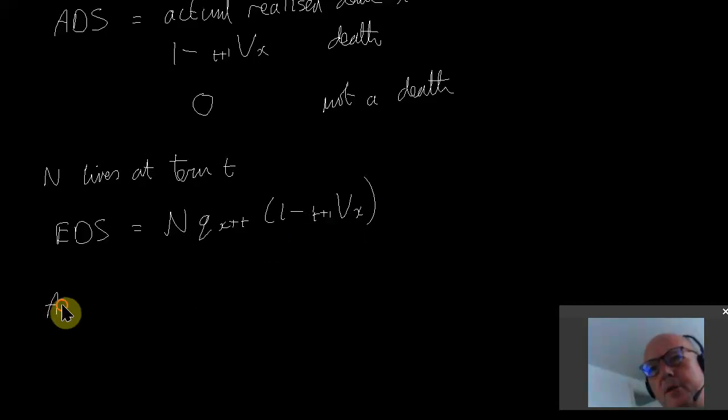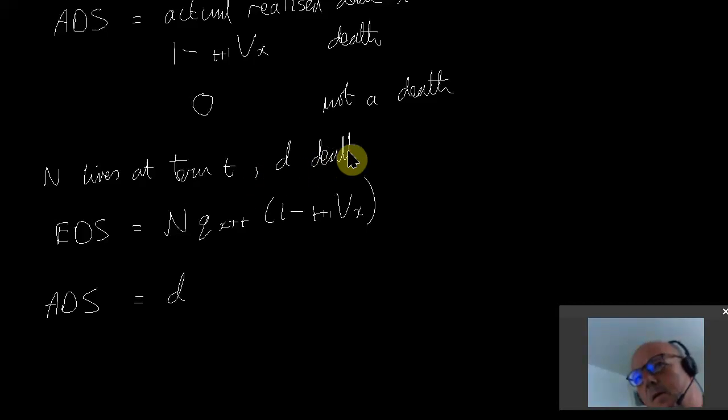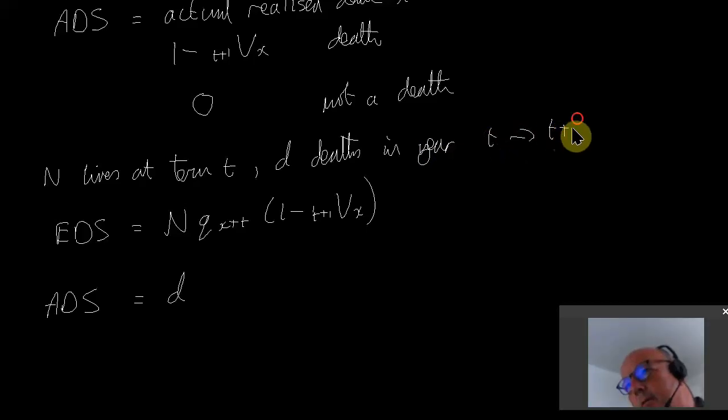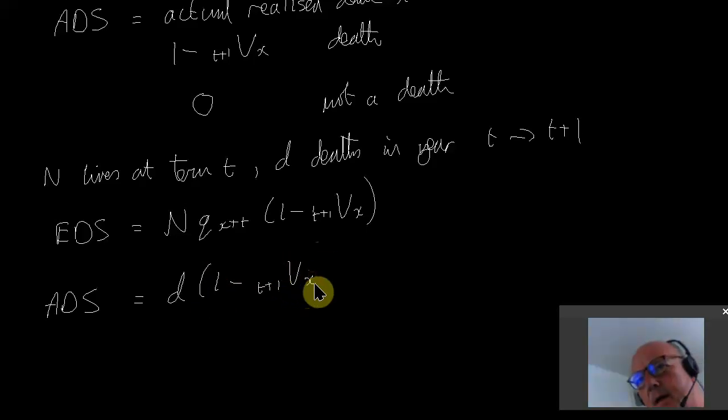And the actual death strain equals the actual number of deaths. So the n lives at term t, and there are d deaths in year t to t plus 1. So the actual death strain is d times 1 minus t plus 1 vx.